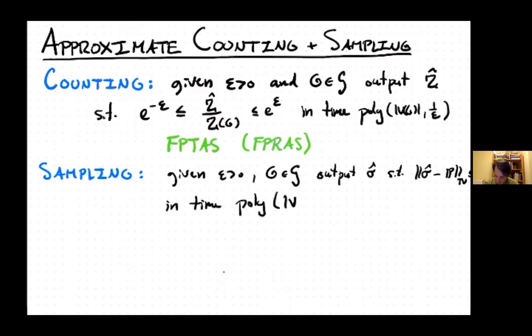And again, it has to run in time polynomial in the size of the graph and 1 over epsilon. And this is called an efficient sampler.